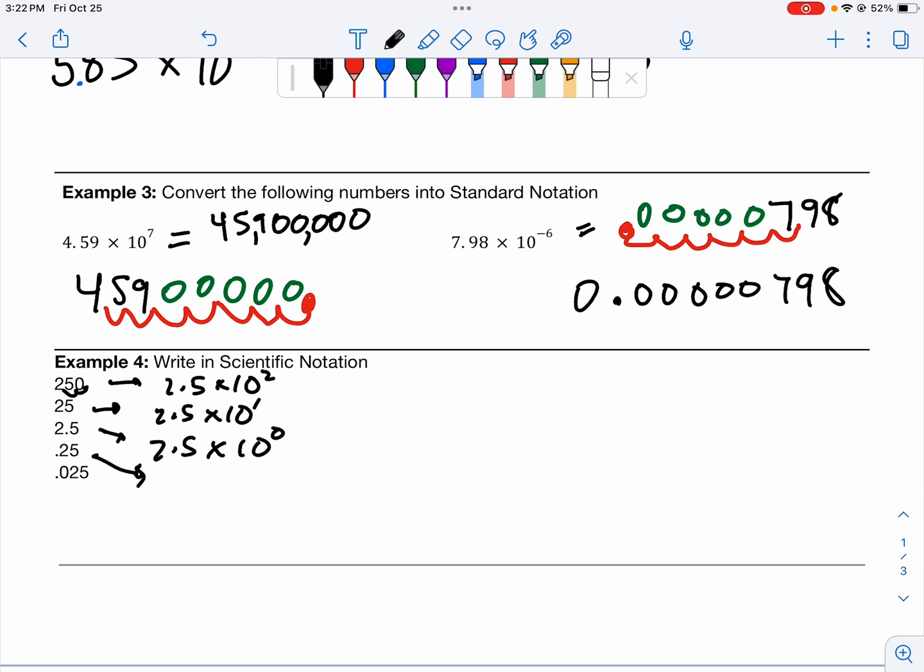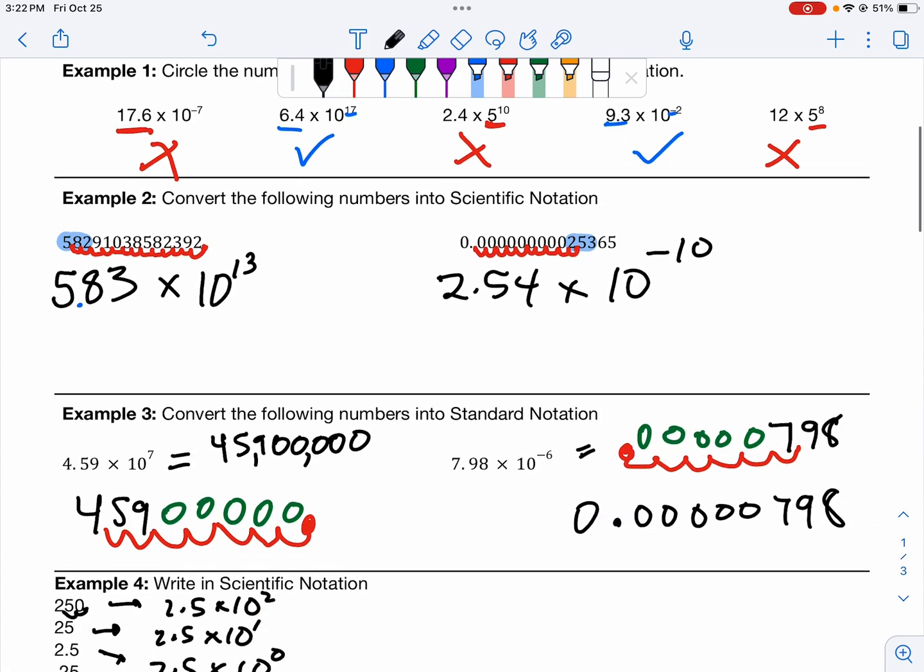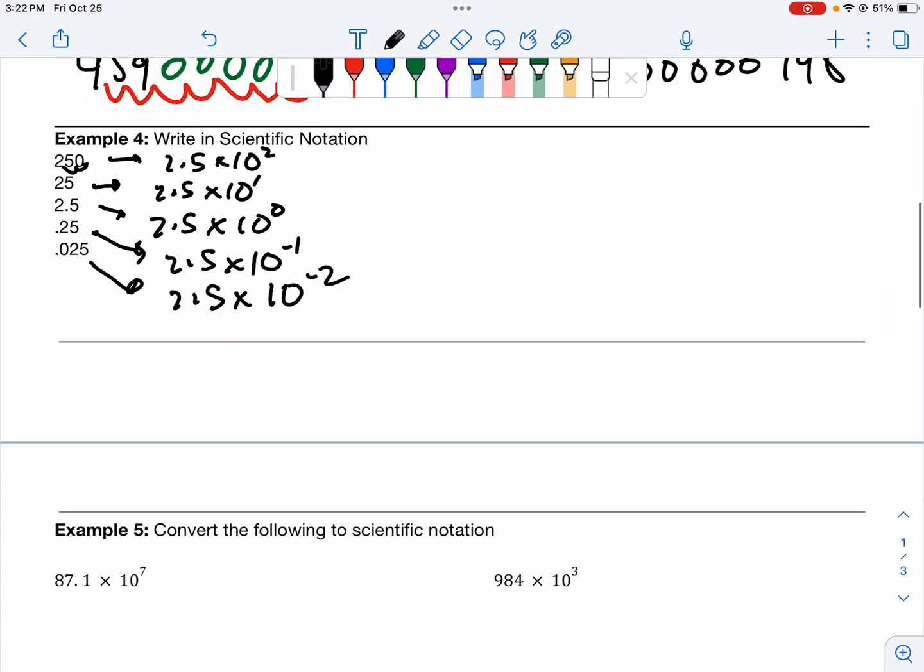And if we keep following the pattern, 2.5 times 10 to the negative 1 and 2.5 times 10 to the negative second. So as you notice, we move the decimal place one time each way, and we have to change our exponent. All right, that was a super fast review of what we learned last week.